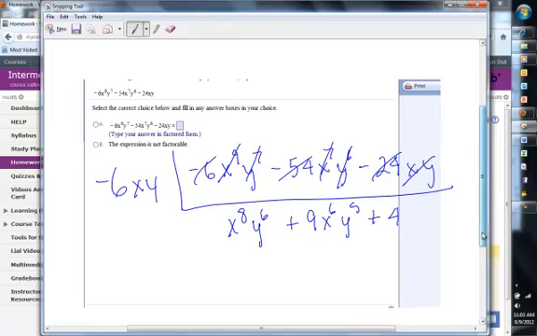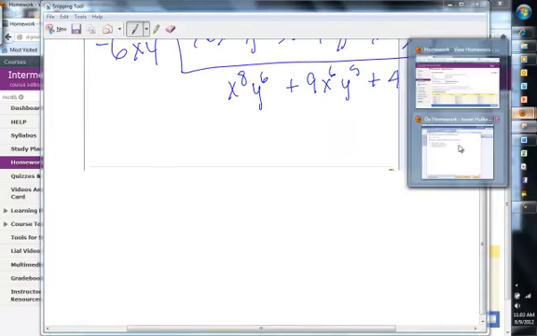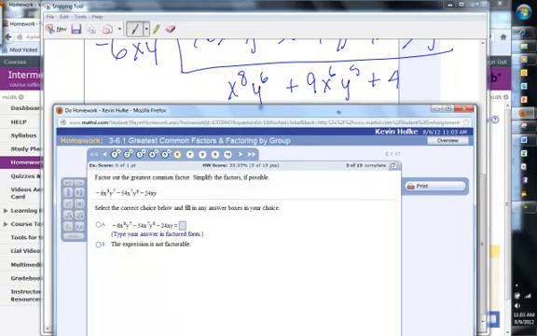So our factored form is x to the 8th y to the 6th plus 9x to the 6th y to the 5th plus 4.